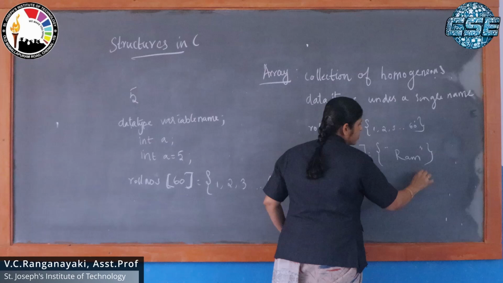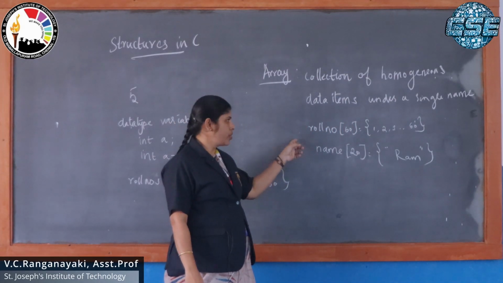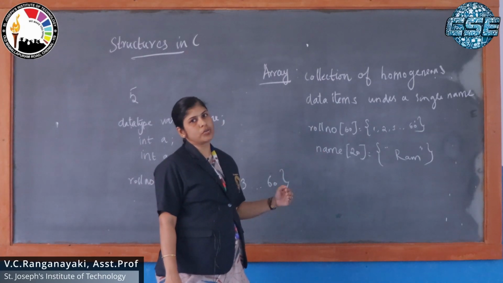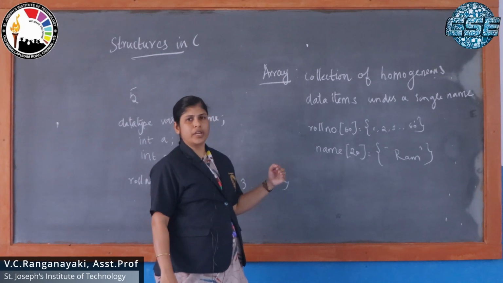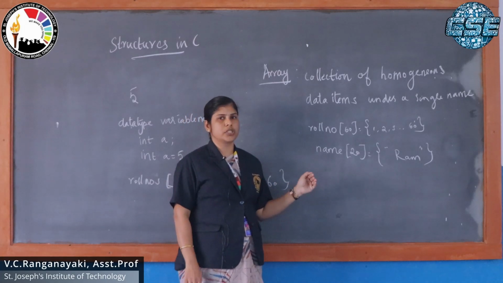I can store like that. So for each thing we need a separate array. For roll number one array, for name one array. If I want to store marks, I need one more array. So for every detail we need an array. That is also not convenient.